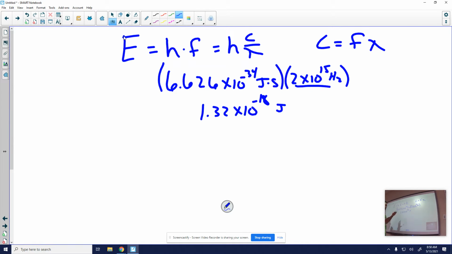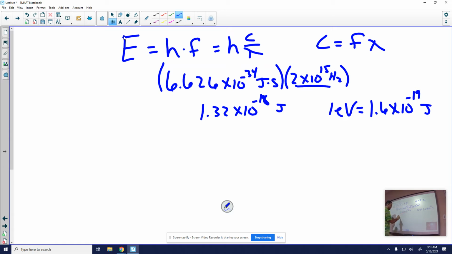So this is a really small amount of joules. It almost seems like joules isn't the right unit for us to be using, because it doesn't really mean anything to say I have 1.32 times 10 to the negative 18th of something. That's so small. So we have another unit for energy. It's the electron volt. And 1 electron volt is 1.6 times 10 to the negative 19 joules.